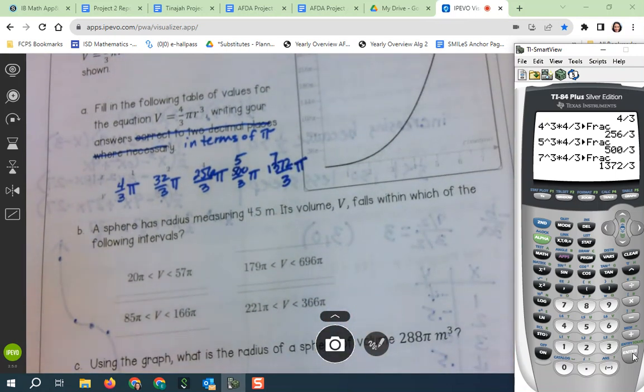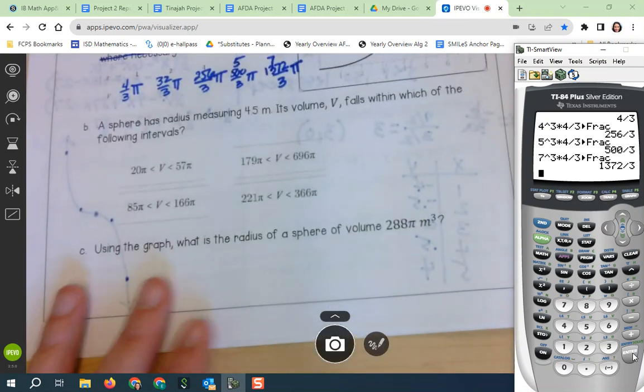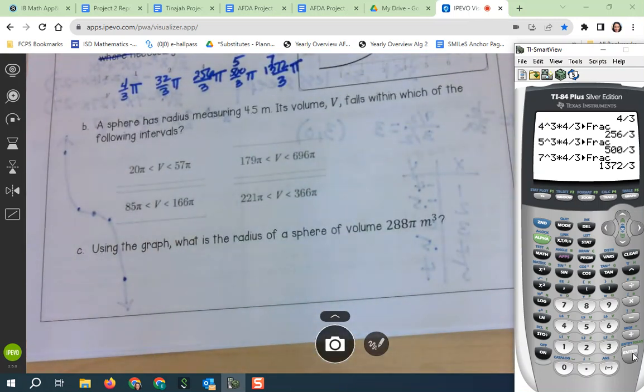All right, so a sphere has a radius measuring 4.5 meters. Its volume falls within which of the following intervals? So 4.5, I guess we can just put that number in there, right? And see which one it's going to be. So I'm going to do 4.5 to the third times 4/3, and then do math fraction.